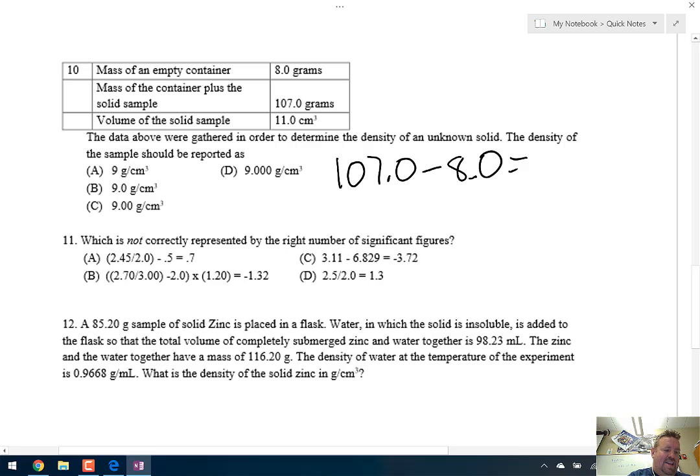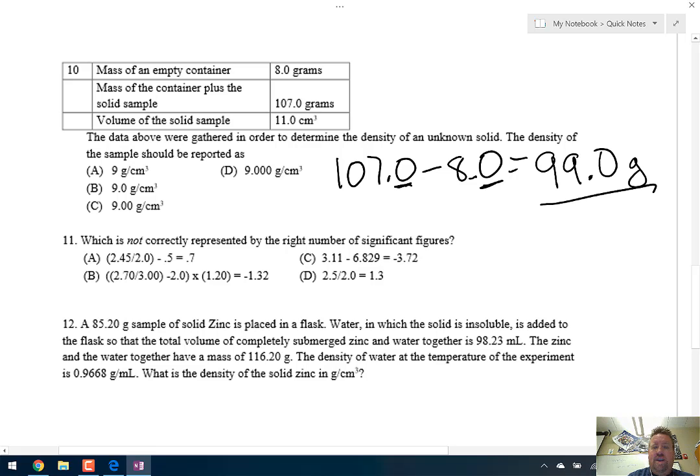Now, when I see 99 on my calculator, that's all my calculator shows, 107 minus 8 equals exactly 99. But then I have to think, this has one after, this has one after. Oh, so does my answer. Even though my calculator doesn't show it, it is 99.0 grams.